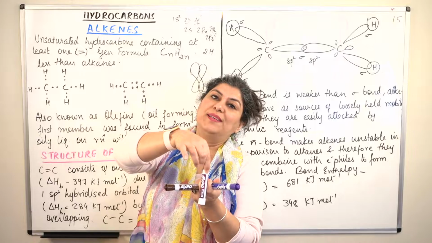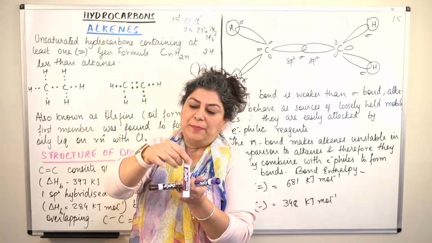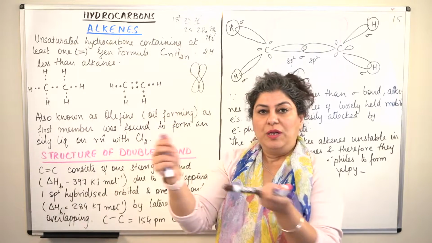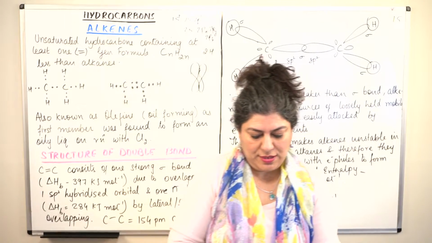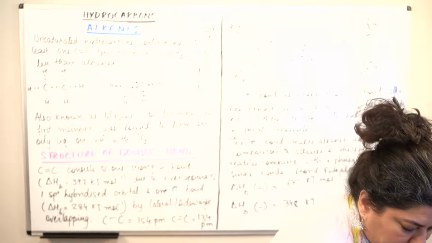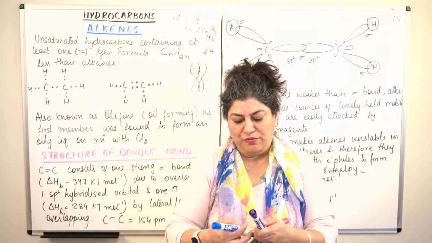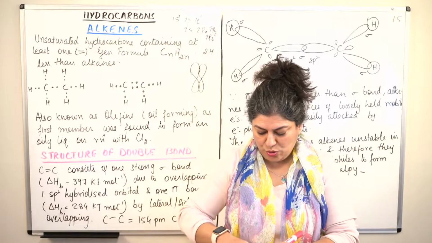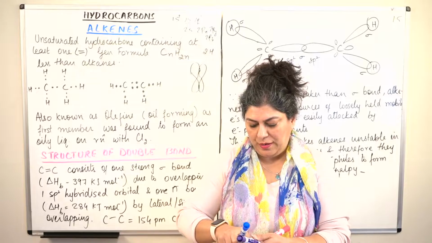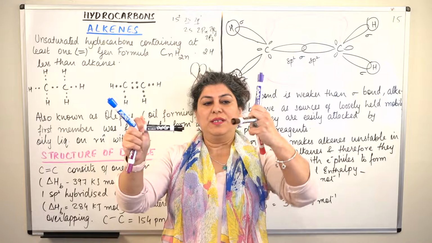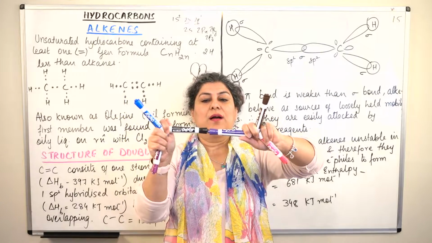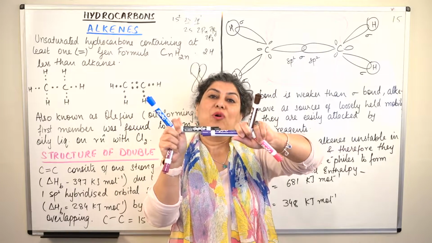Now what happens, both the carbon atoms have this structure, both of them are forming this triangular sp2 hybridized structure. Now one of these orbitals overlaps and forms the sigma bond.